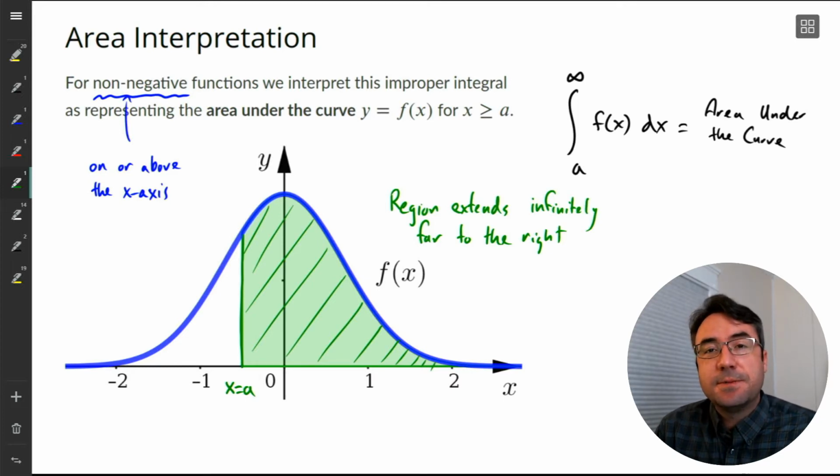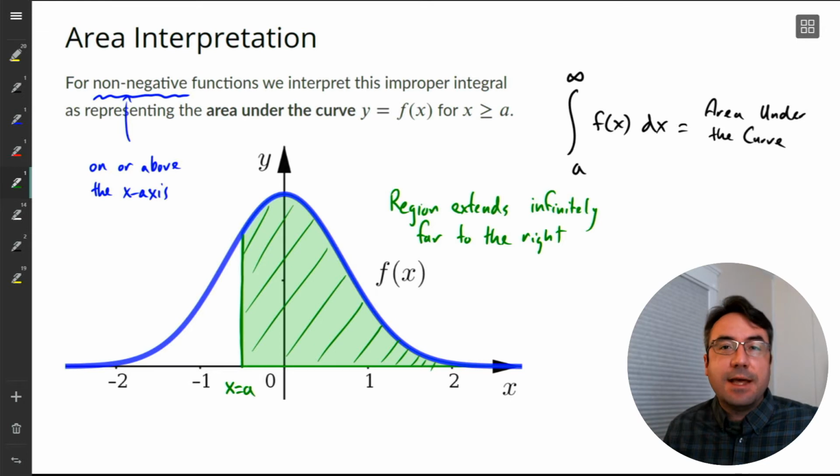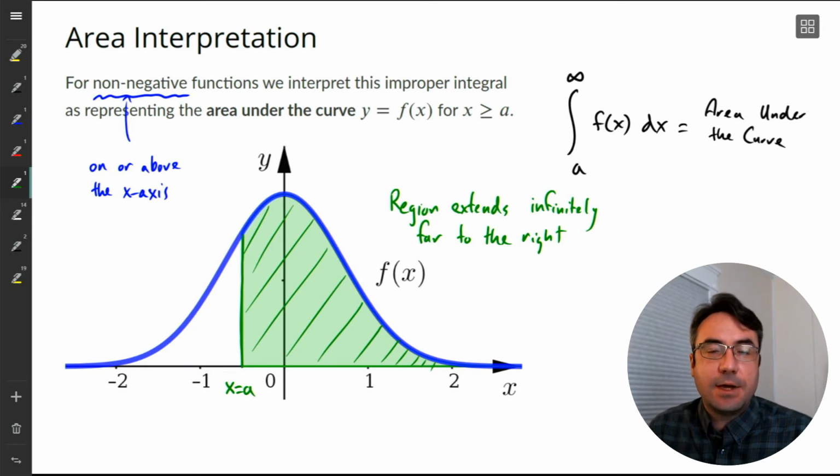The other times is when our improper integral is divergent. Well, then the area is just getting possibly really large. It's just approaching infinity.